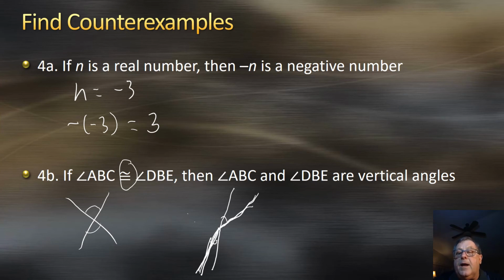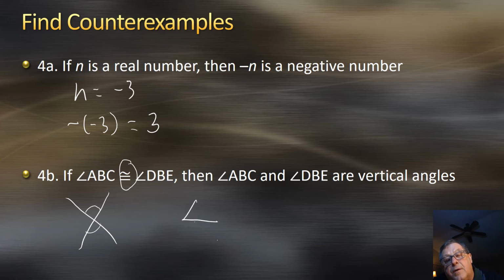So we cannot assume. Well, let me do this another way. Give another example of this that might actually be better. Let's say I've got an angle here, and I've got an angle here. And these two angles are congruent. But they're certainly not vertical angles, are they? They're two completely separate angles.